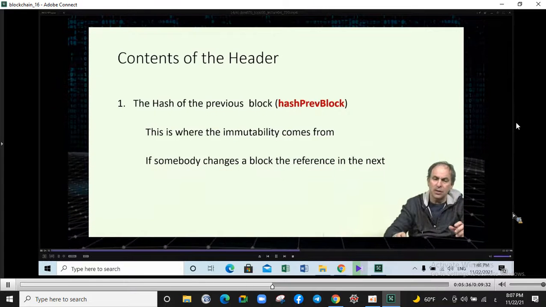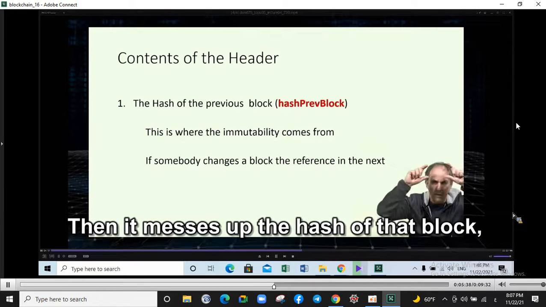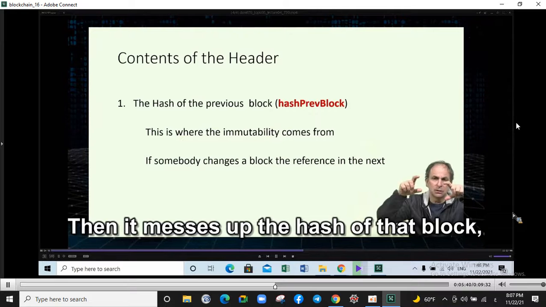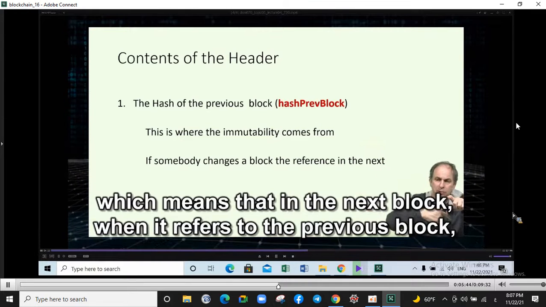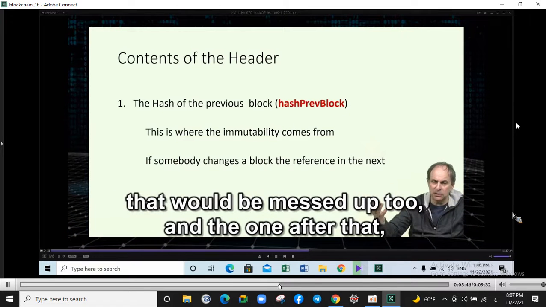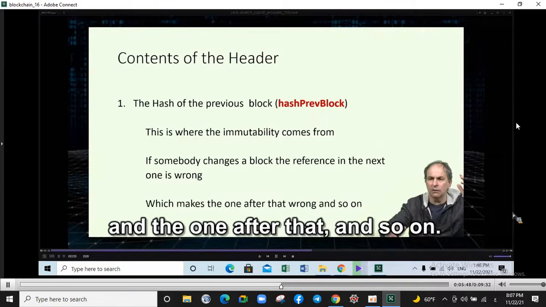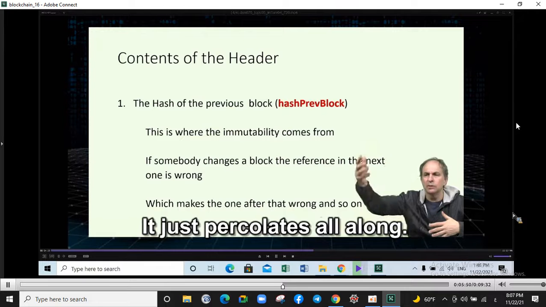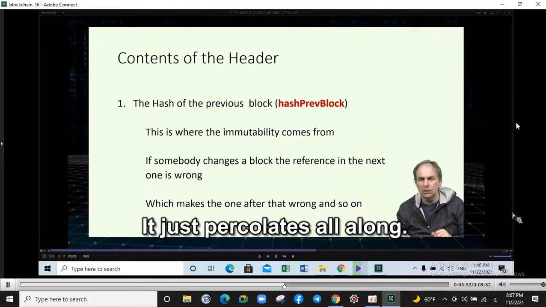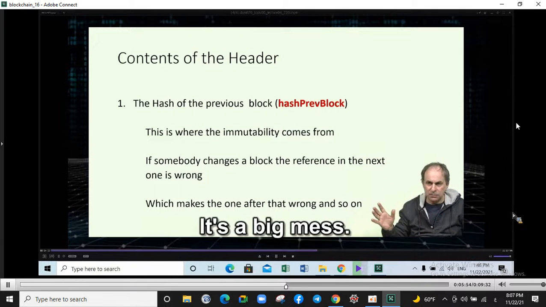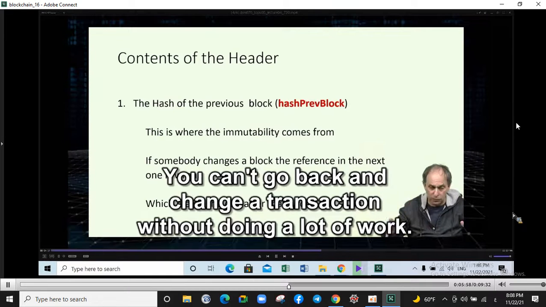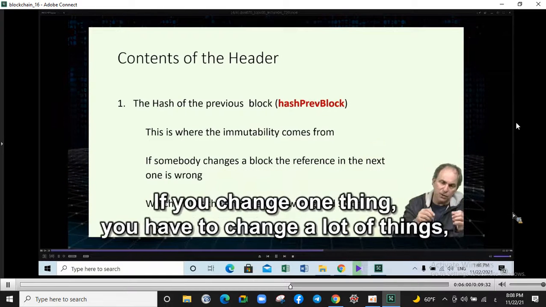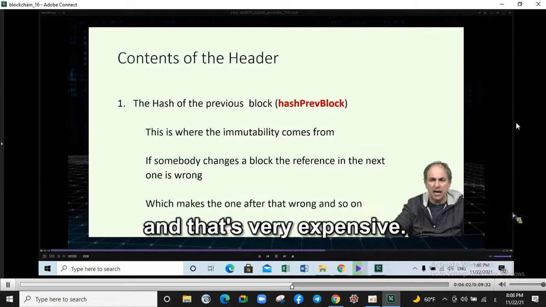Well, then it messes up the hash of that block, which means that in the next block, when it refers to the previous block, that'll be messed up too, and the one after that, and so on. It just percolates all along. So it's a big mess. You can't go back and change a transaction without doing a lot of work. If you change one thing, you have to change a lot of things, and that's very expensive.